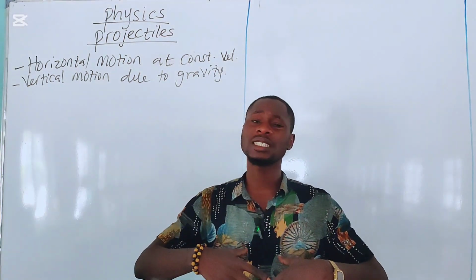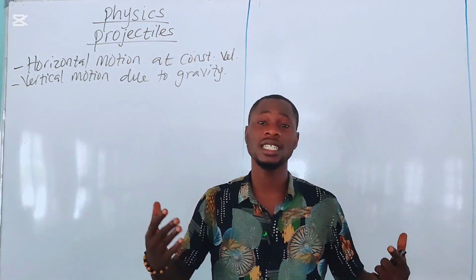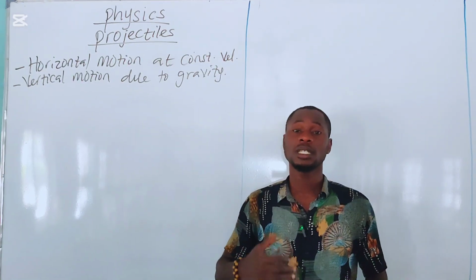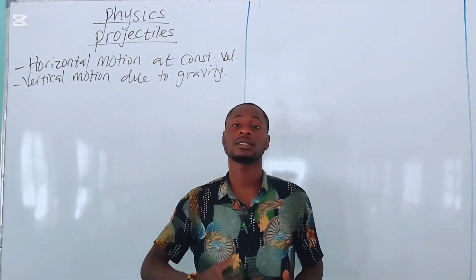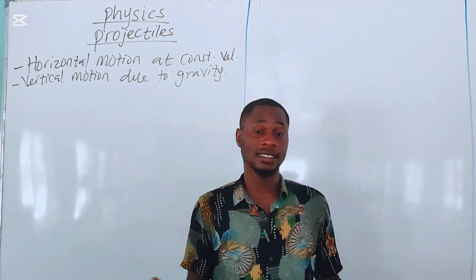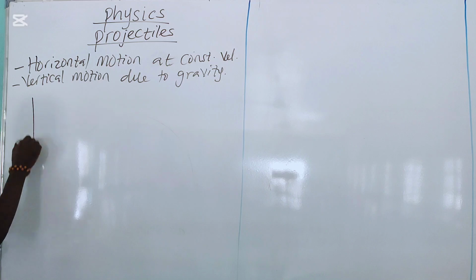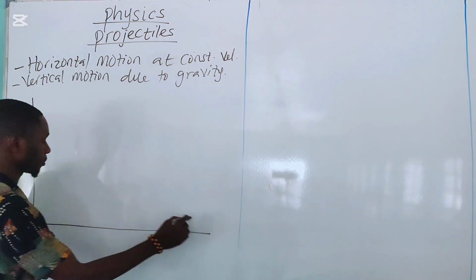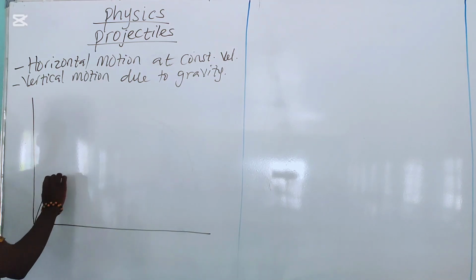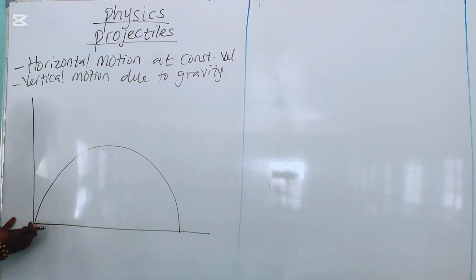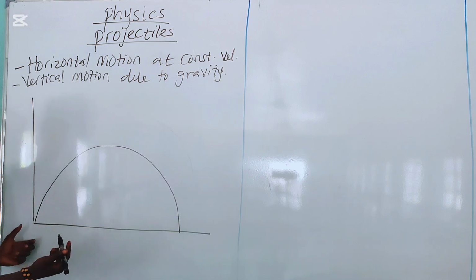So for us to understand perfectly what these independent motions are all about, let's look at the motion of an object that is thrown into space. This is the projectile motion of an object thrown into space.